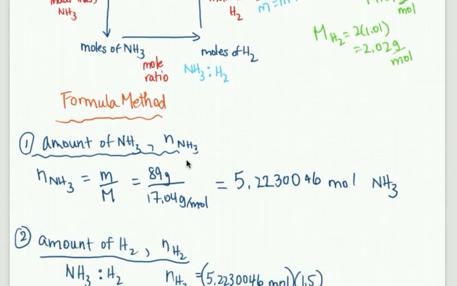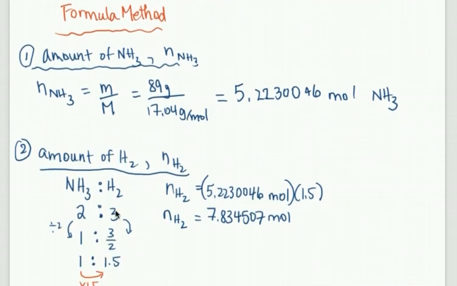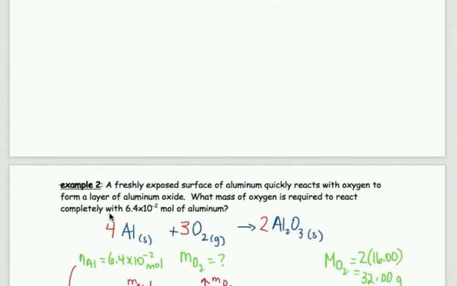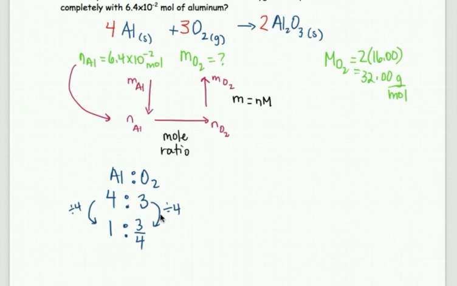So it was a 3/2 in the ratio. Decimals just work better in your brain. So for every 1 aluminum, I need 0.75 of oxygen. So that's my mole ratio.